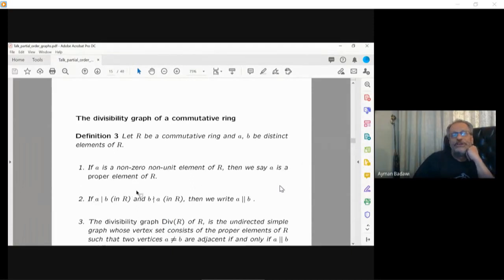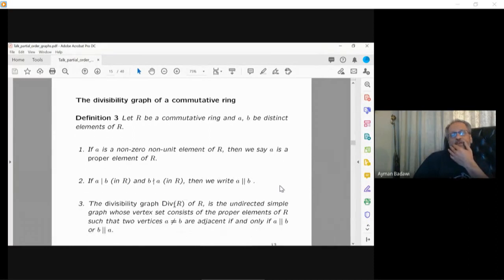And here is the notation you need here. You see two vertical lines. This means a divides b, but b does not divide a. So whenever we say a with the double vertical line, that means a is a factor of b, but b is not a factor of a.